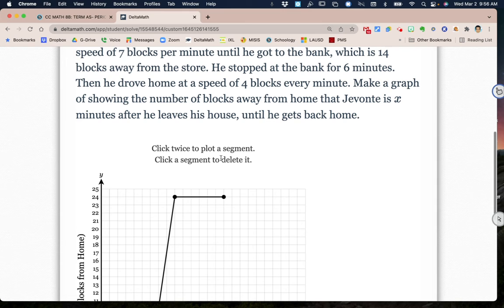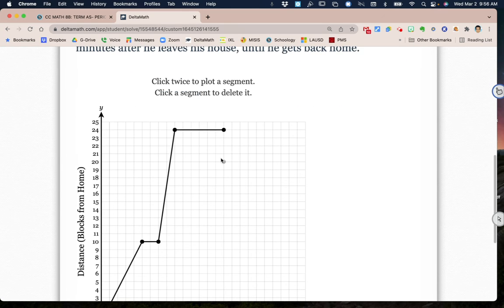And then the last part. Then he drove home at a speed of 4 blocks every minute. 4 blocks every minute. So you can count down 4 over 1. 1, 2, 3, 4 over 1. Down 4 over 1. Or what height are we at?